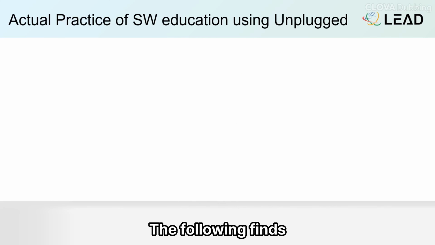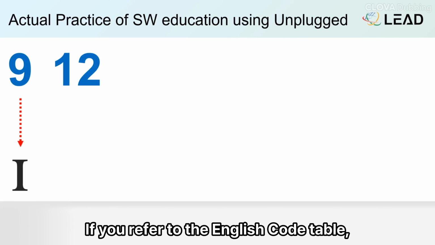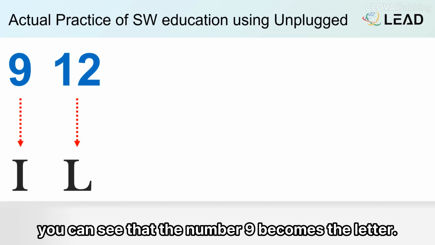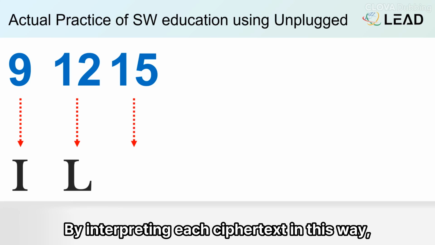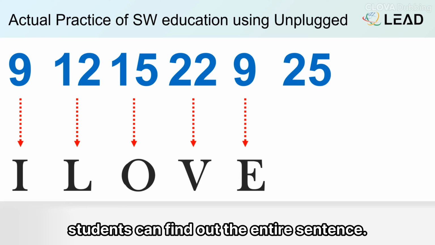The following finds the English alphabet corresponding to a decimal value. If you refer to the English code table, you can see that the number 9 becomes the letter I. By interpreting each cipher text in this way, students can find out the entire sentence.